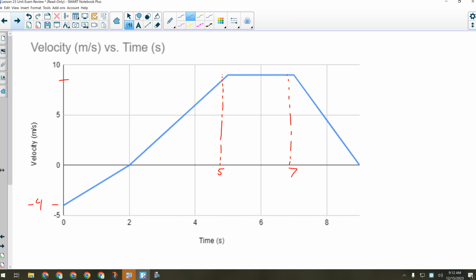No, I'm going to say it's 9. It would have to be 9. 6, 7, 8, 9. It's got to be 9. Okay, I would like the total displacement of this object over the full 9 seconds.